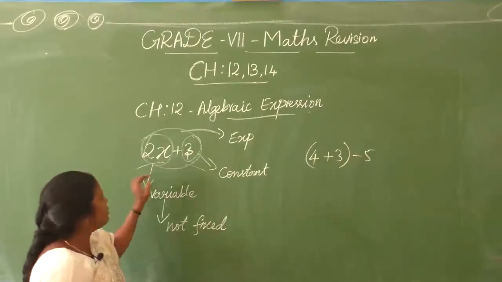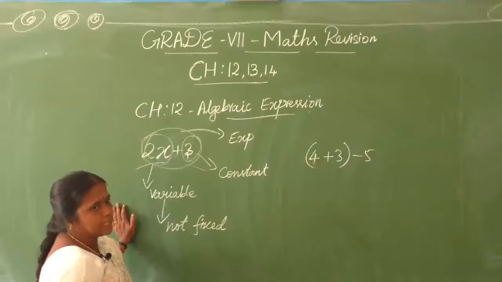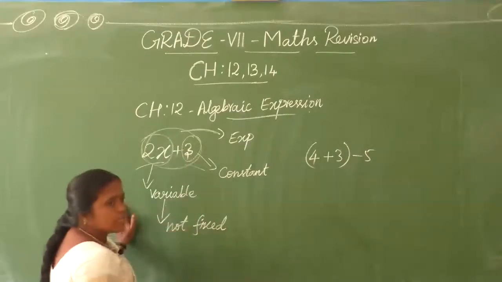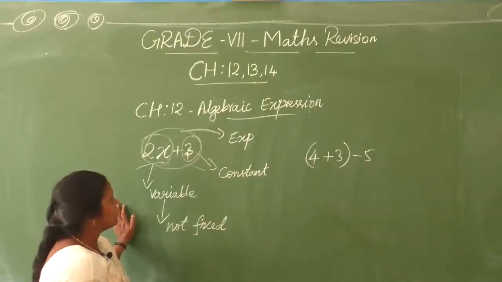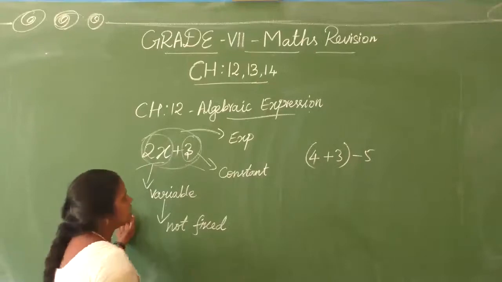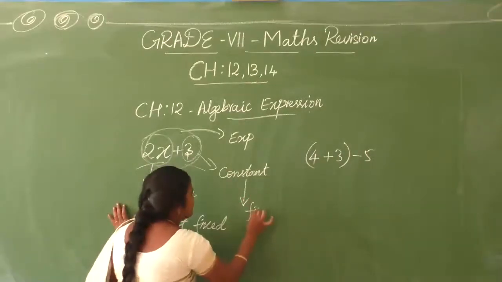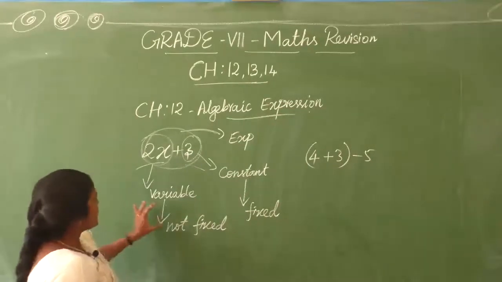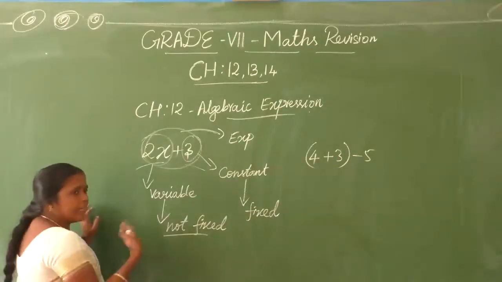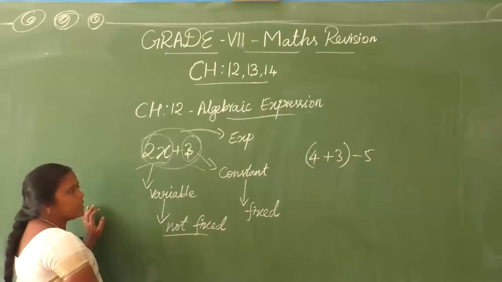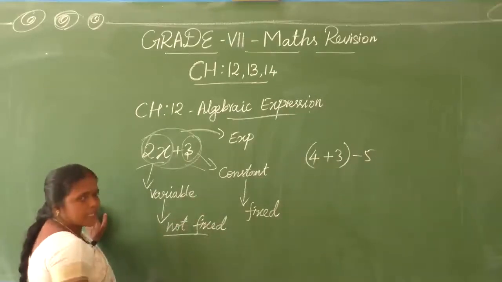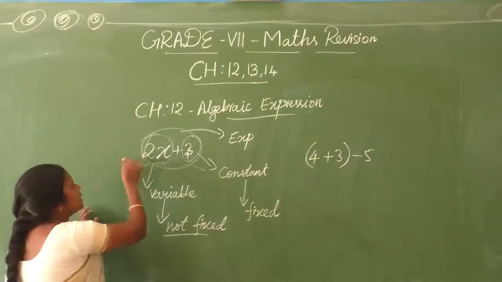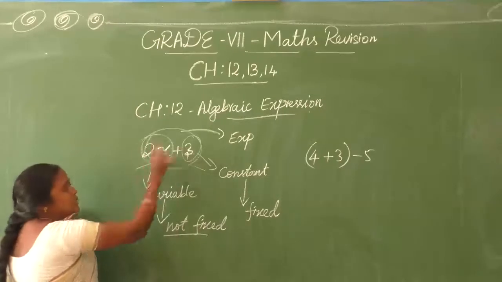It can be denoted by alphabets. Another one, constant. It is a value, but throughout the calculation, it is a fixed value. It constantly will be there. A variable is not a fixed value. It takes various values. Each part is called a term. This is one term, that is one term.